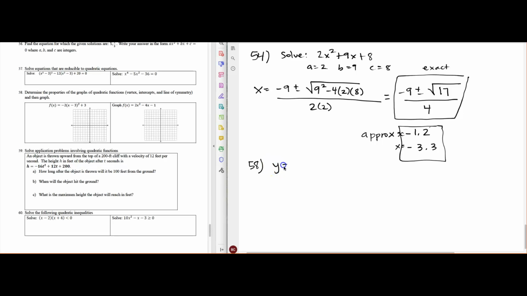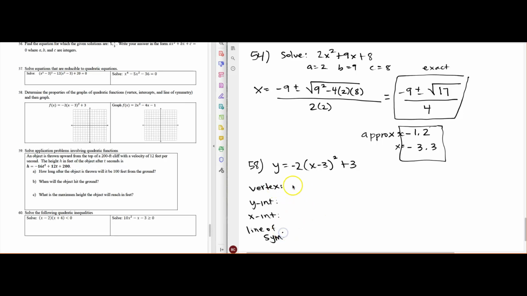So if we have y equals negative 2 times x minus 3 all squared plus 3. Right, so we want to write down the things that we're going to try and find. So we want to know the vertex, we want to know the y-intercept, we want to know the x-intercepts, and then we want to know the line of symmetry.